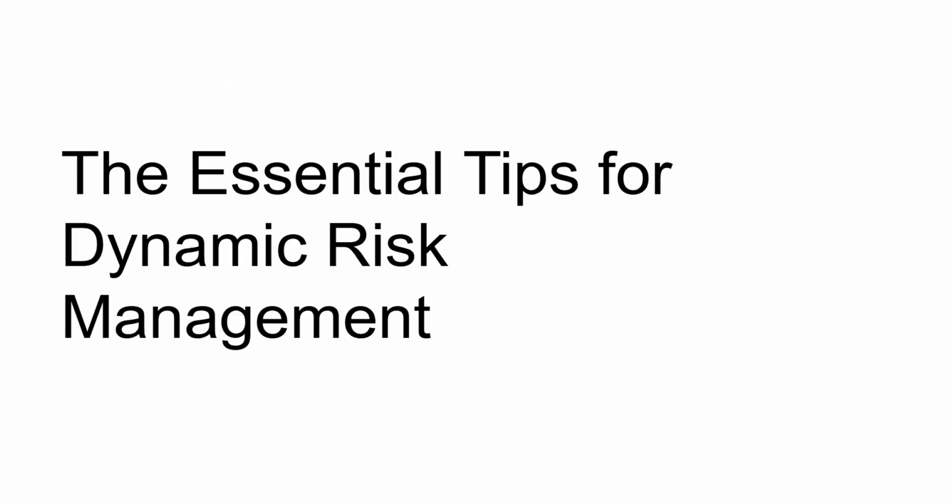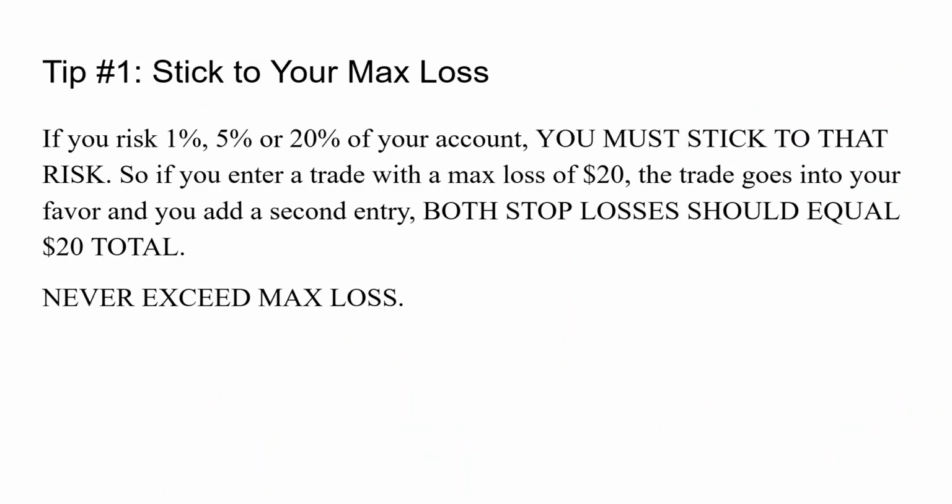So, a few essential tips for dynamic risk management before I show you some real chart examples. The most important rule is that you stick to your max loss. That's non-negotiable for static or dynamic. Be it you risking 1%, 5%, 20%, it doesn't matter. You must stick to that risk. So for example, if you enter a trade with a max loss of let's say 20 bucks and the trade goes in your favor and you add a second entry, you must adjust your stop loss so that both trades, should they lose, still equal $20.